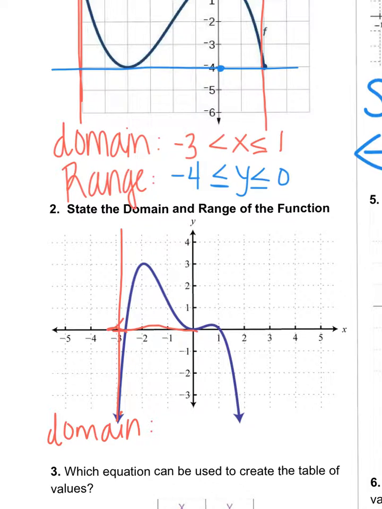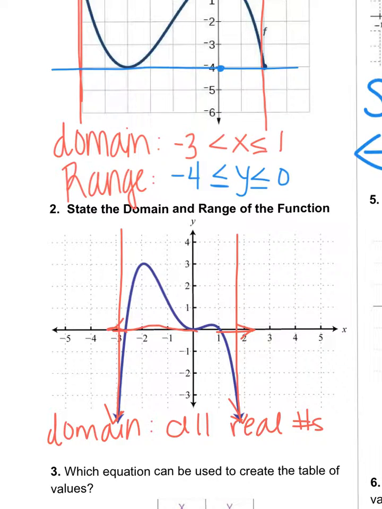It's going to continue, the graph will continue on to the left. So there is no barrier to the left. To the right, it appears that I can draw it here, but again, we have an arrow. So since there are no boundaries to the left and the right, it's going to keep going both directions. Our solution for domain is all real numbers.